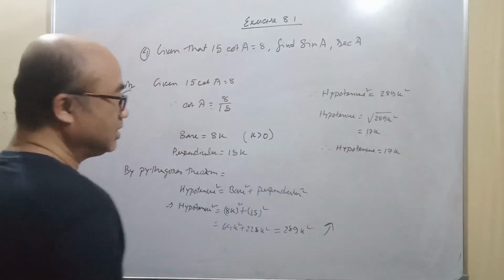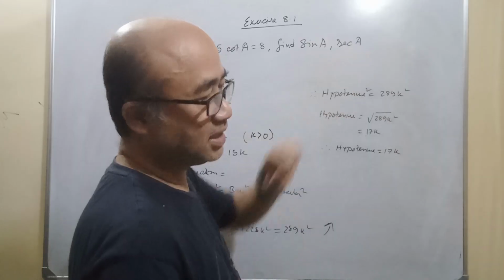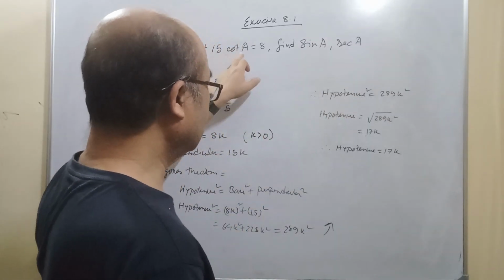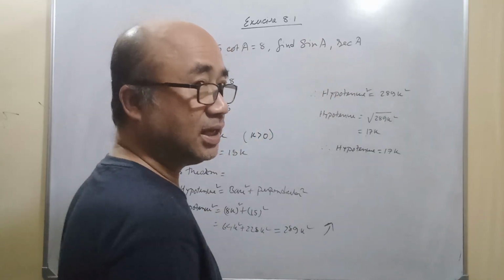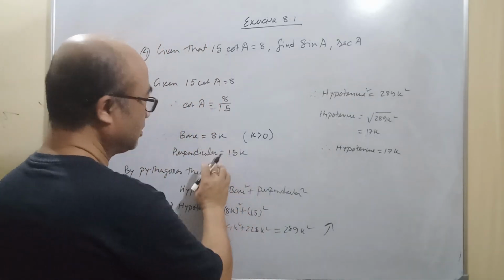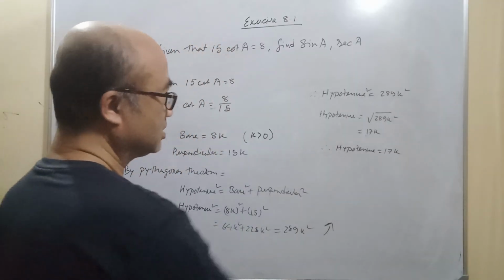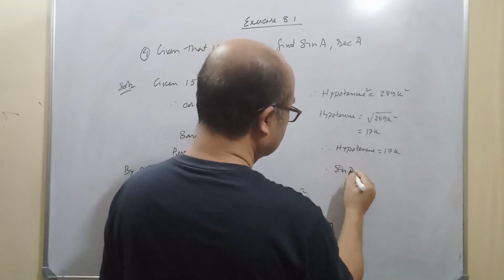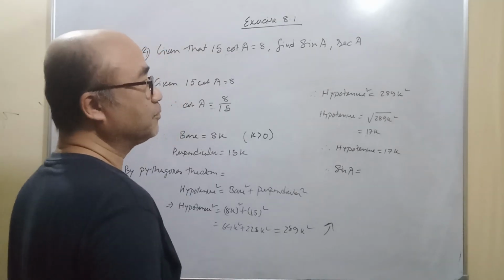Okay, so we have all the three sides of the right angle triangle: base 8k, perpendicular 15k, hypotenuse 17k. Now it is easy to find the trigonometric ratios sin A and sec A. Because all these three, cot A, sin A and sec A, are based on the same acute angle A. And since we have already found out the base, perpendicular and hypotenuse, now it is easy to find the other two ratios. Hence, sin A. What is the formula for sin A?